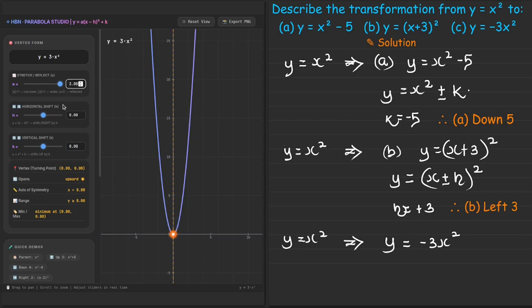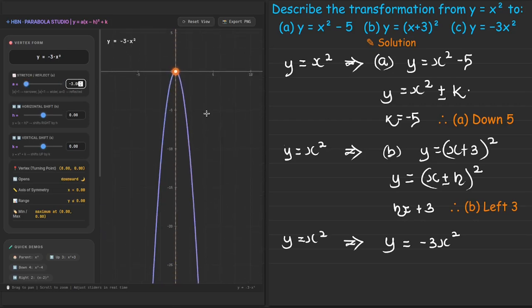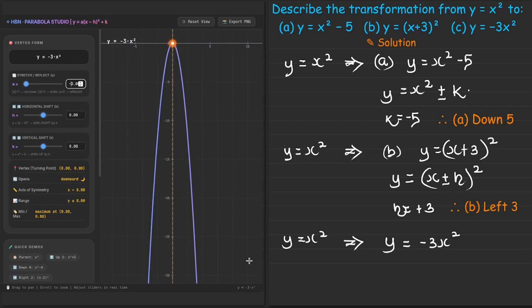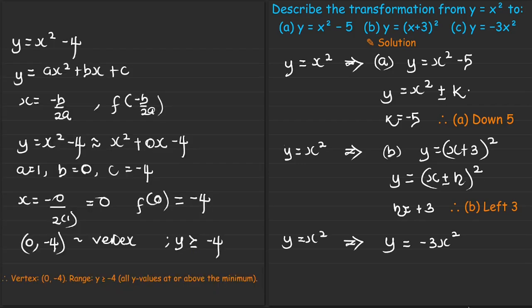Not only are we multiplying it by 3, but we are multiplying it by negative 3. So with negative 3, you realize that it moves all the way to the opposite side. It is reflected. So that describes the transformation we see over here. So we can say it has been reflected and narrowed. As simple as that. That is the description of this transformation.